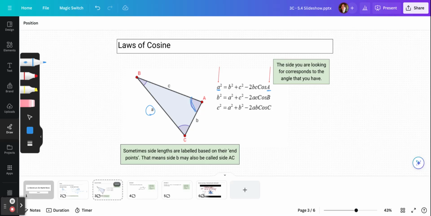If I'm looking for side a, then I must know b and c, and I'm going to square them, and then the cosine of A. In this case, your angle is always sandwiched between the two sides that you know, so it's contained. You will have each of these formulas, or you'll be able to write them on your cheat sheet. So let's look at an example.